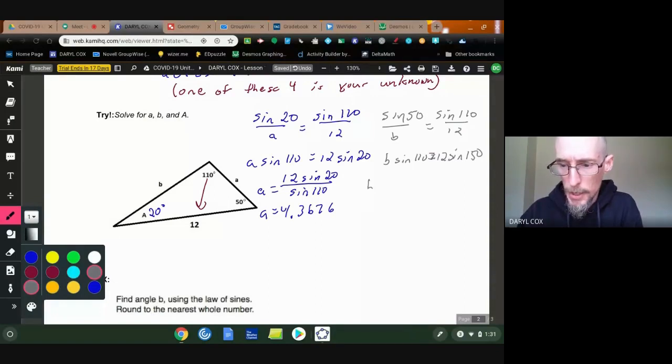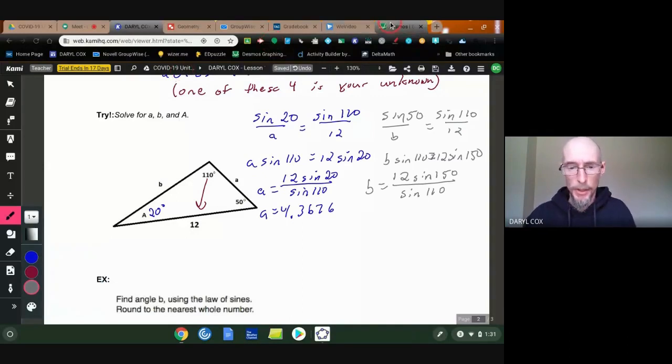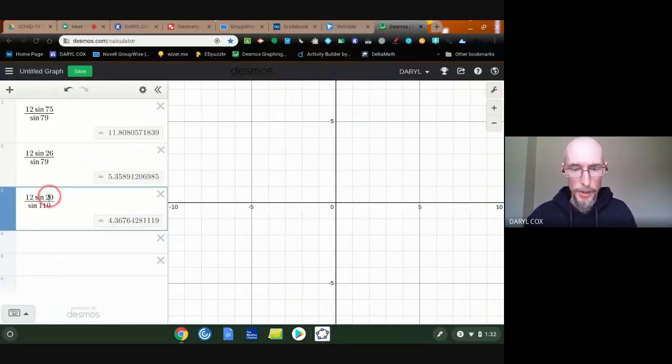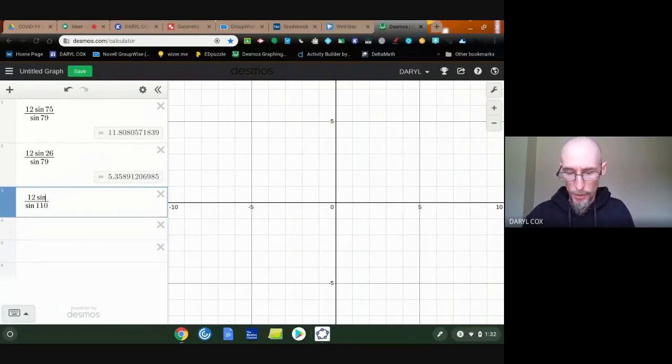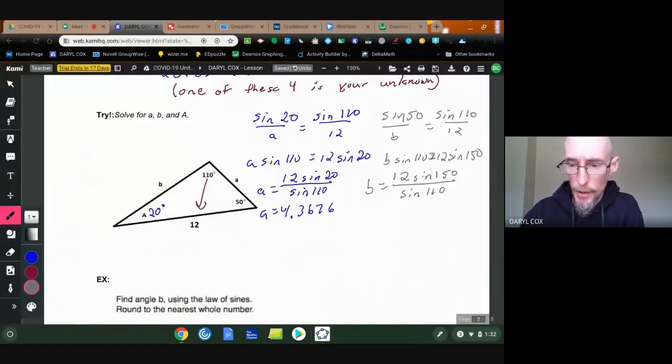So then B equals, sorry about my terrible handwriting here, 12 sine of 50 over sine of 110. And there we go. That goes right into my calculator. In fact, I'm just going to use this same thing and just change the numbers here. Bam. 6.3851. So B equals 6.3851.